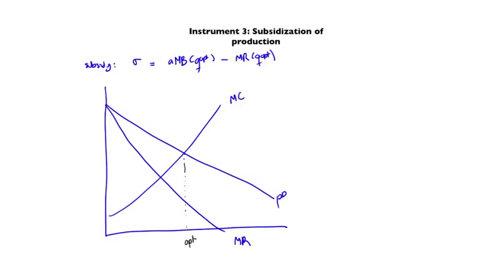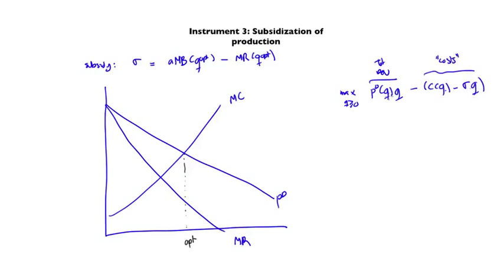Now notice the following. Under a subsidy, the problem of the monopolist becomes to maximize over Q greater or equal than 0 its revenue, this is total revenue, minus C of Q minus sigma Q. We can write the costs like this.